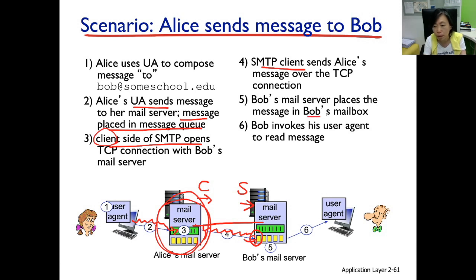Lastly, when Bob joins the internet and invokes his user agent, the agent, already pre-configured to connect to the incoming mail server, will fetch the mail messages, and that's when Bob gets to read the email.